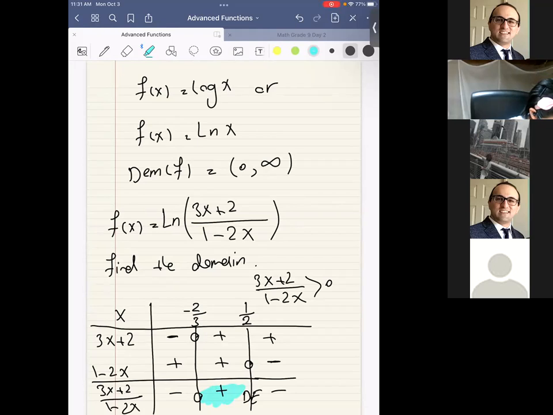That means x has to be greater than minus 2 over 3 and less than 1 half. So that's the domain of log.